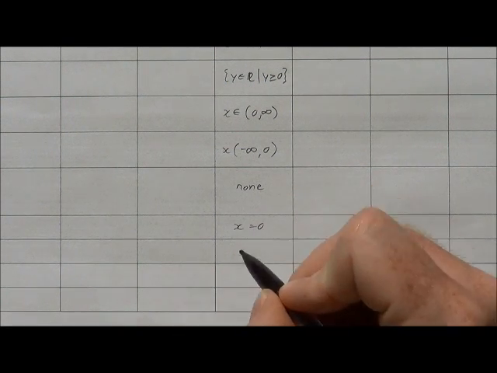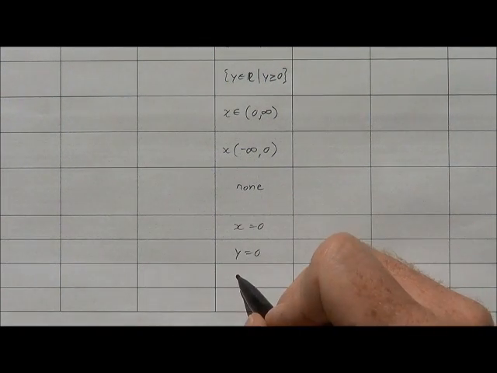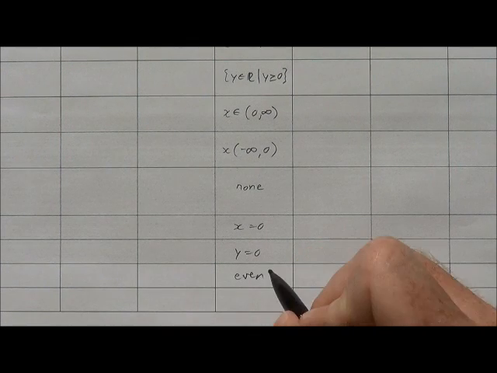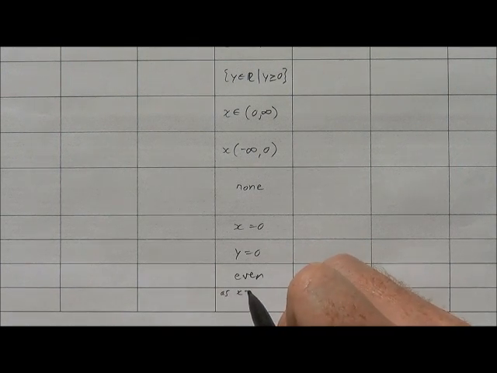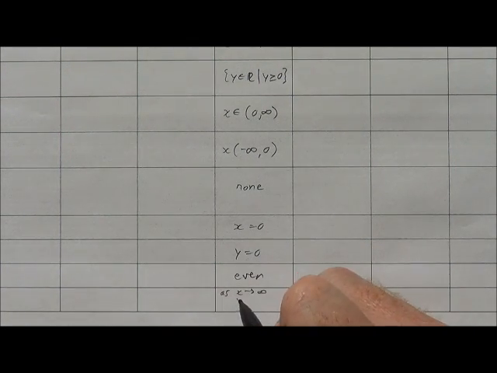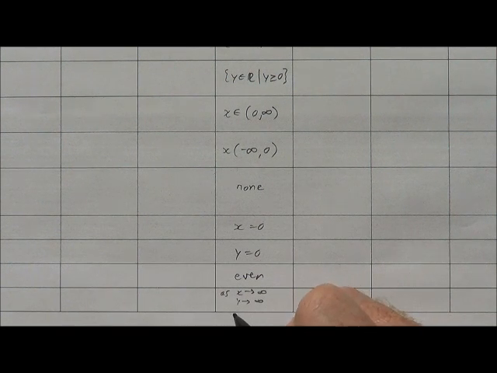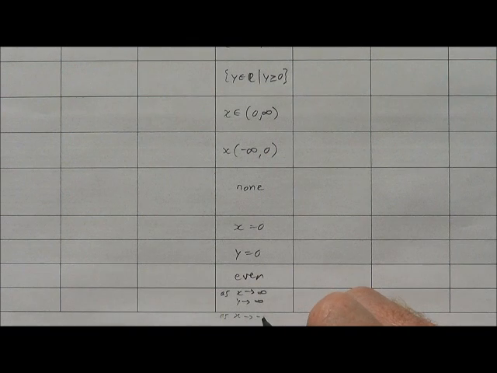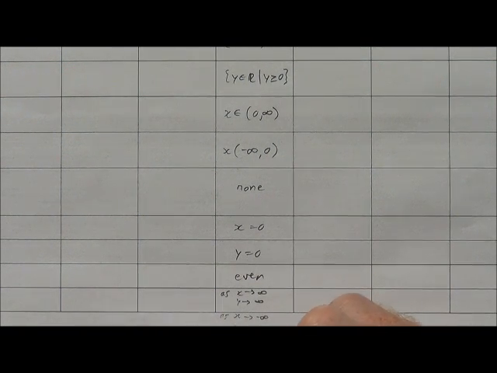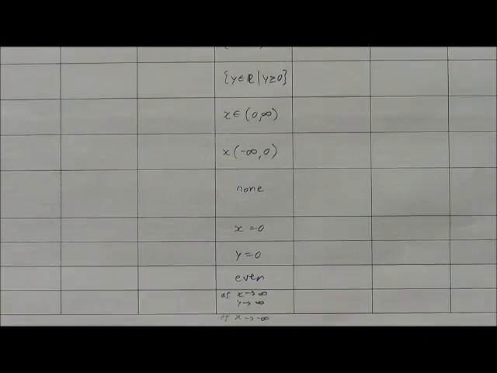Zeros, x equals 0, y-intercepts, y equals 0. Symmetry, even. And then behavior as x approaches infinity, y approaches infinity, and as x approaches negative infinity, y approaches infinity.